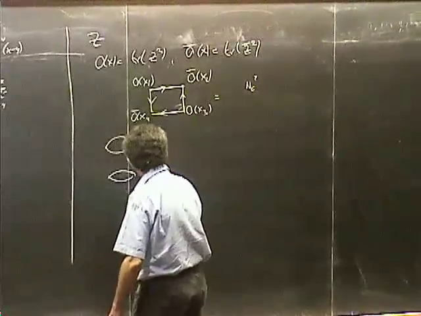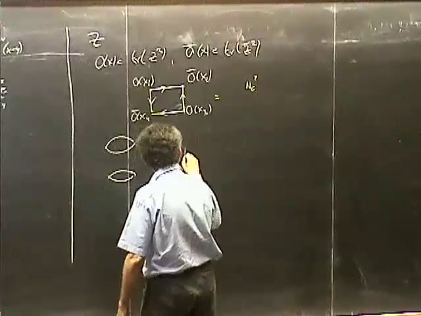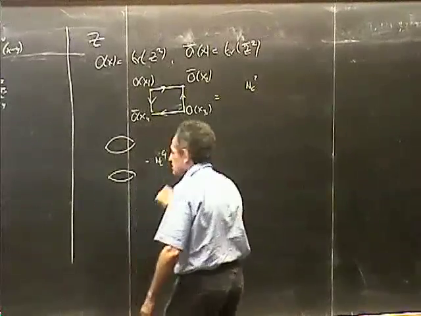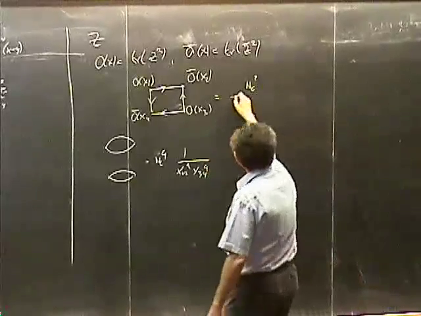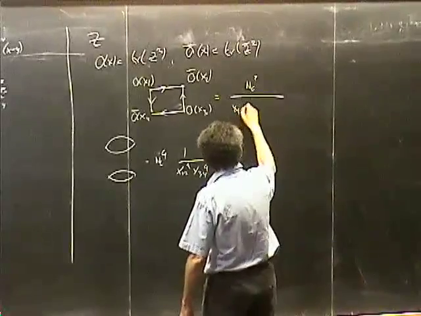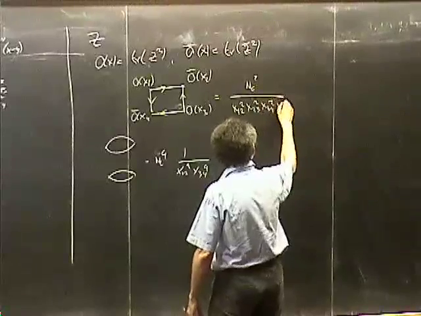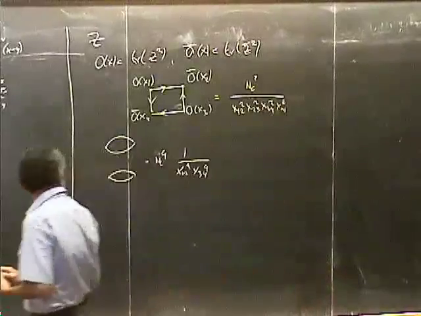It will give a contribution proportional to N_c to the fourth, with one over x_12^4 x_34^4. But now I want to consider the contribution of order N_c squared, and this connected contribution will come with the product of the corresponding propagators. So this is, again, a tree-level expression.